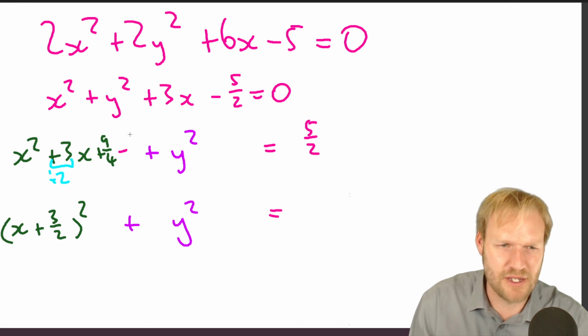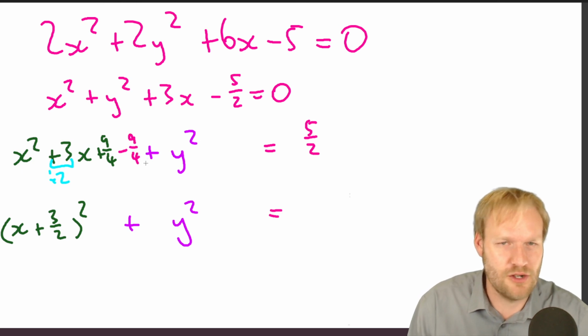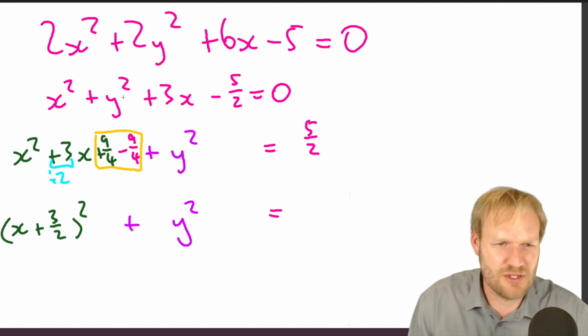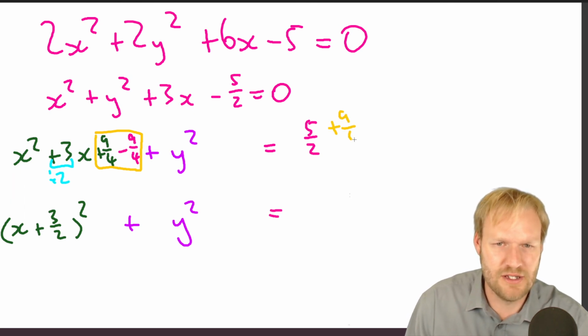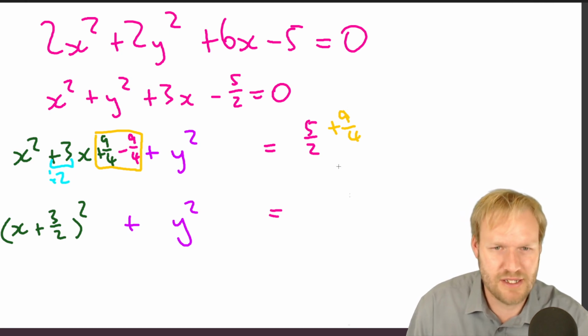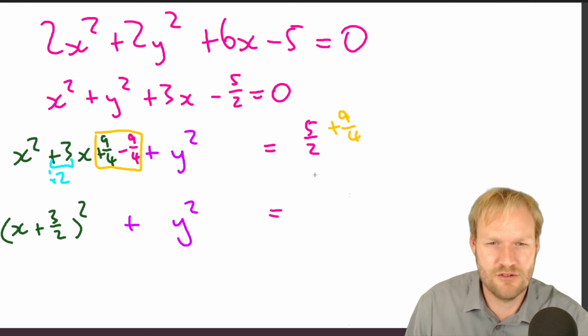We didn't have that at the beginning, so we're going to have to subtract 9 over 4 to compensate. Because remember, these two need to cancel because there weren't any constants there. Okay, and our next one, we need to do this minus 9 over 4. Let's add to that side. Well, that's that. 5 over 2 plus 9 over 4, 10 over 4, 19 over 4.